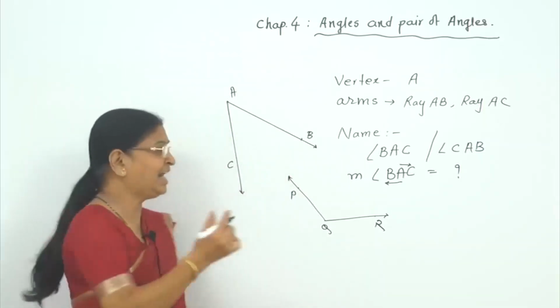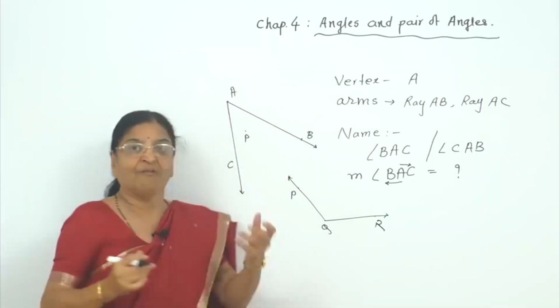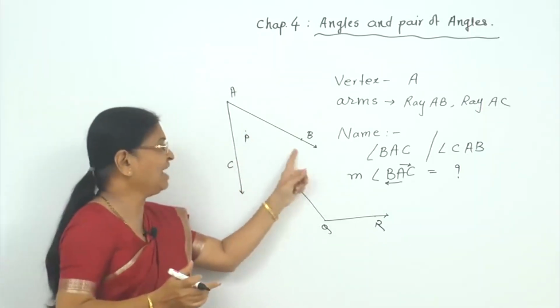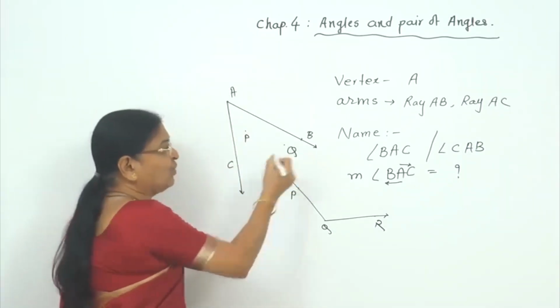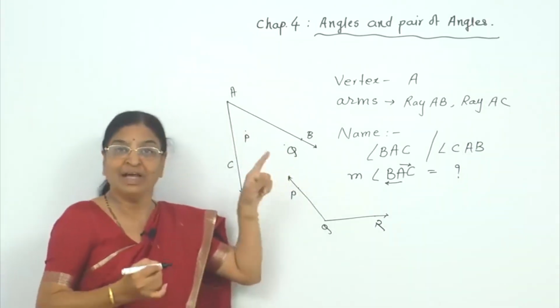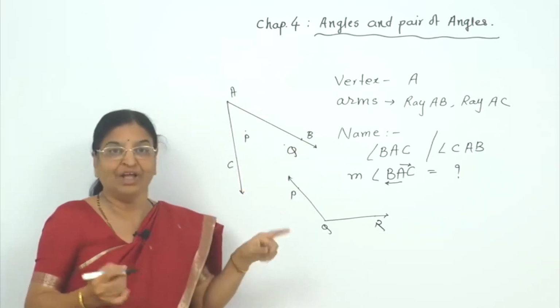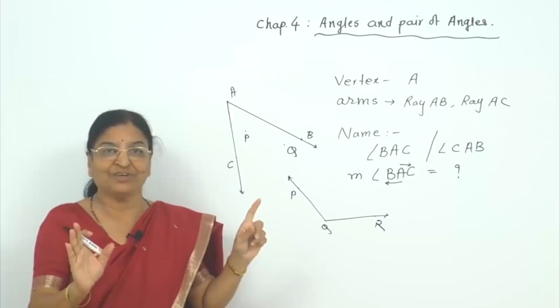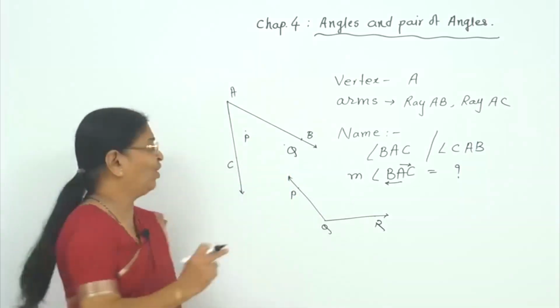So what is the interior part? See, I have a point P. Where is P? I can say P is in the interior part. Where is Q? Q is also in the interior of angle BAC. Remember, only interior is not sufficient. You have to name the interior of which angle also.